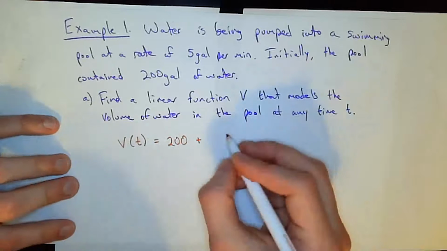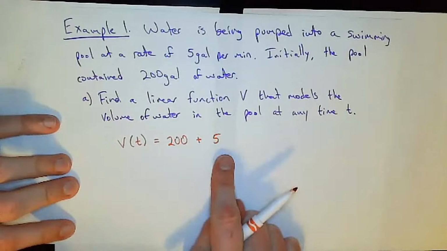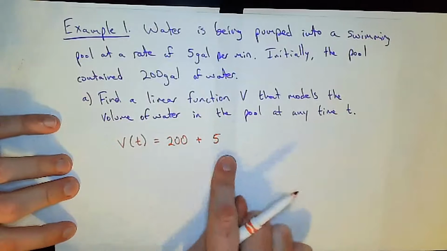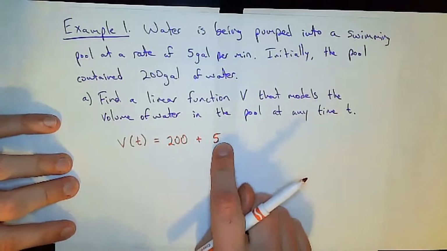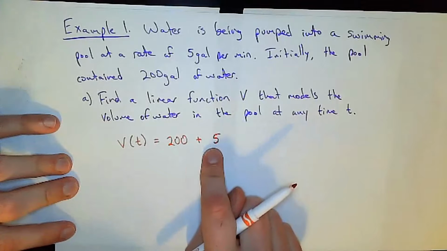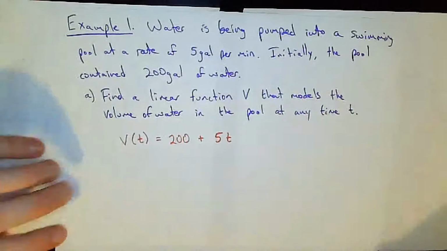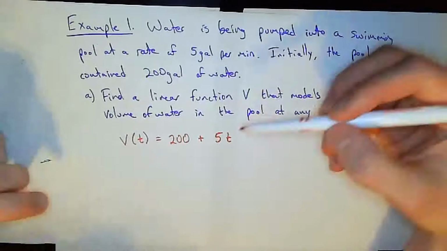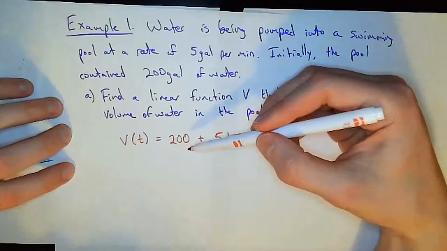Now my 5 is a rate, in gallons per minute. So this is not correct yet, because this is a rate. What do I need to attach to this in order for it to yield a measurement of gallons? I need to attach time there. So 5 is my rate here, and 200 is my initial value.